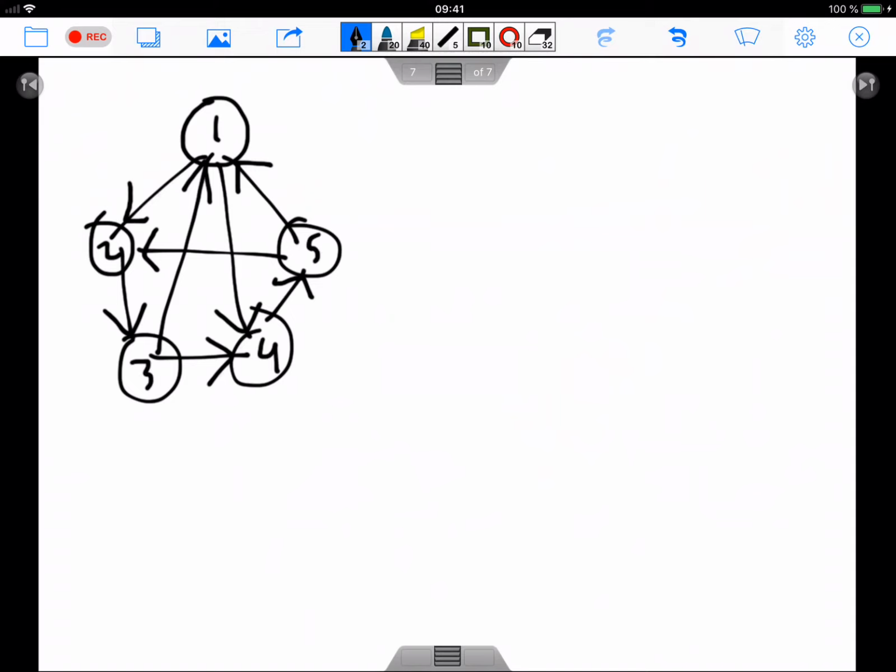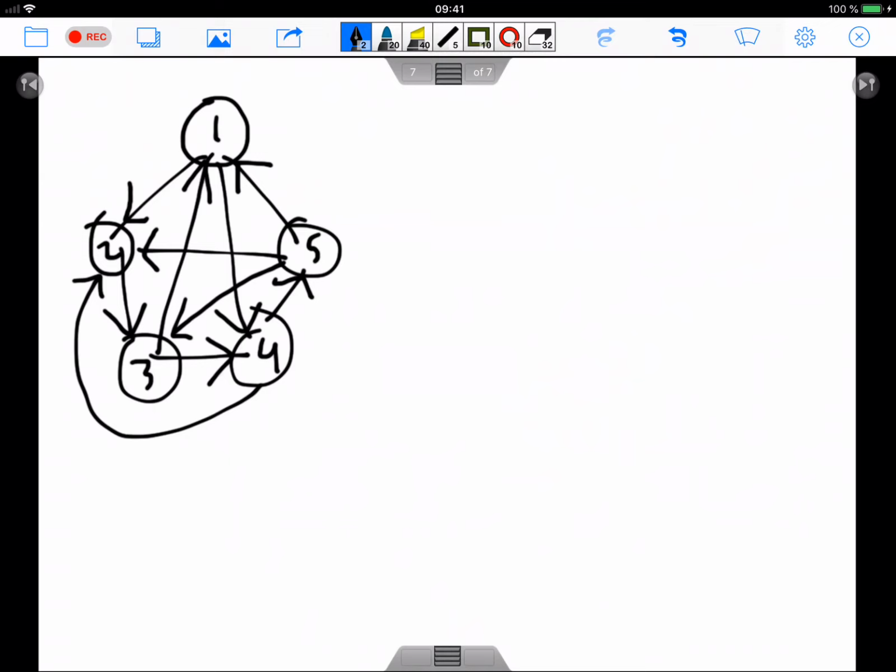Let me give them names, and we want to find... oh, there is a missing arrow here, from 5 to 3, for instance, and from 4 to 2, for instance. Okay, now this is a tournament. Let me check. We have 4 arrows in each of the vertices. Okay, so now it is a tournament.